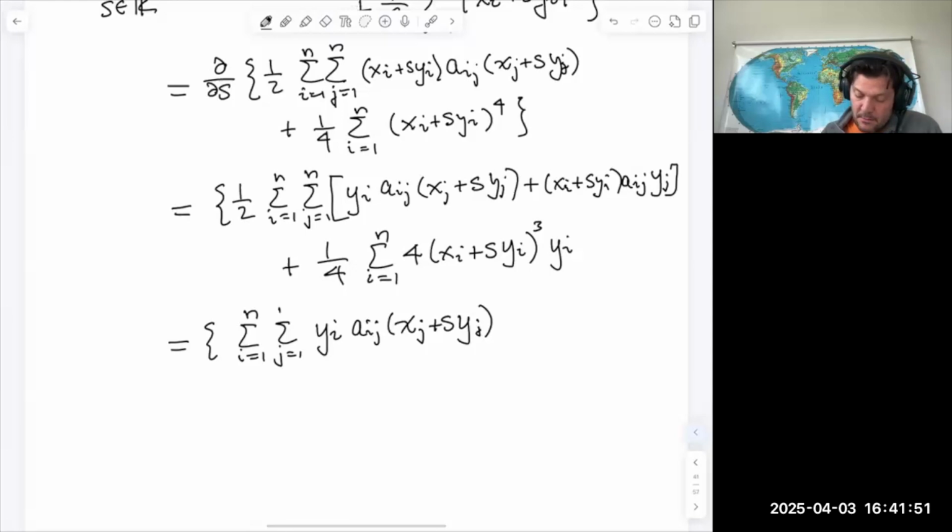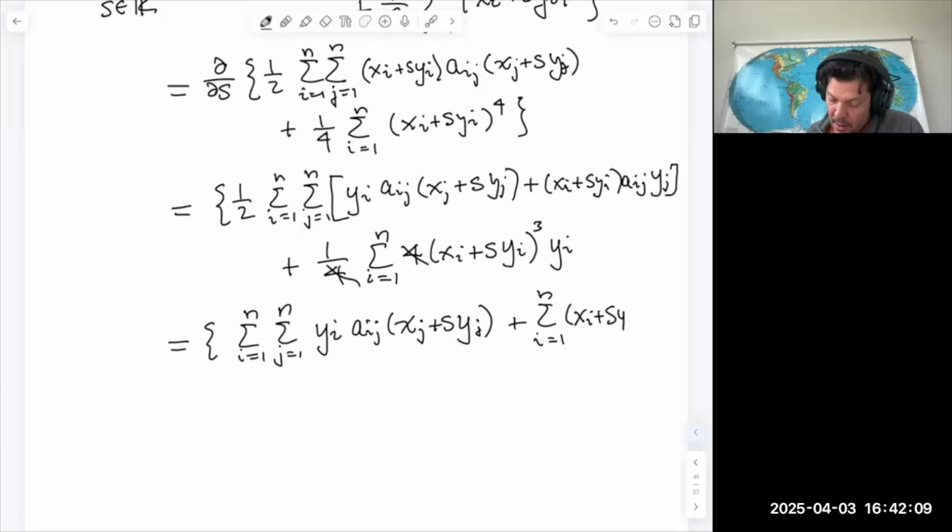And then we have a second sum i equals 1 to n. The 4 cancels with that 4. And we just get (x_i plus s y_i) cubed y_i, right?